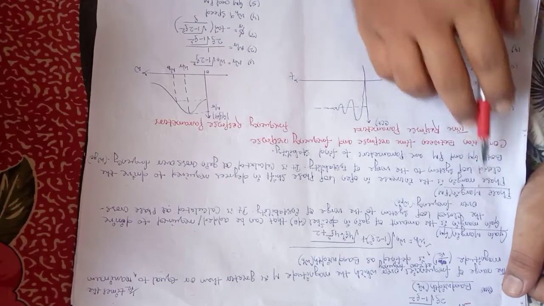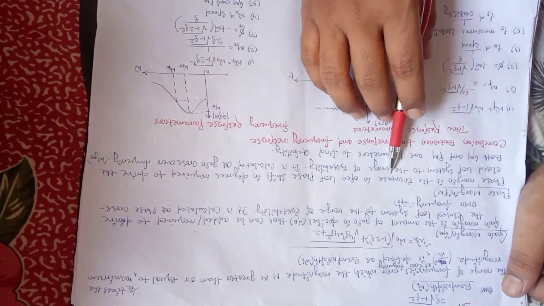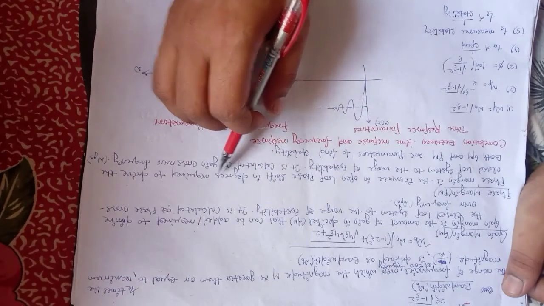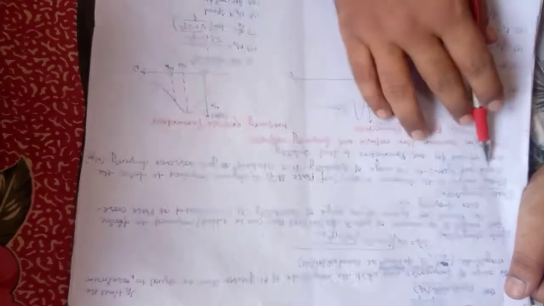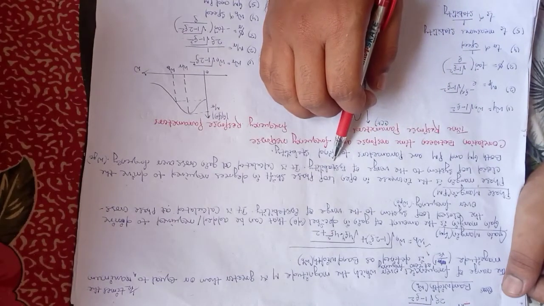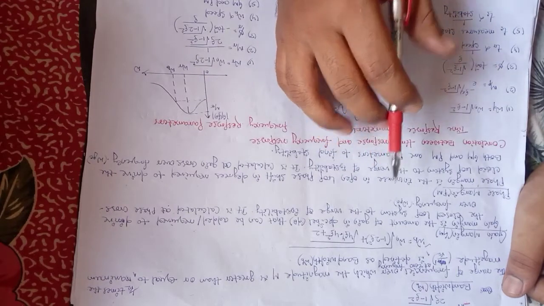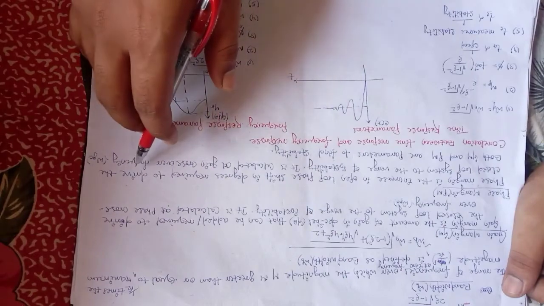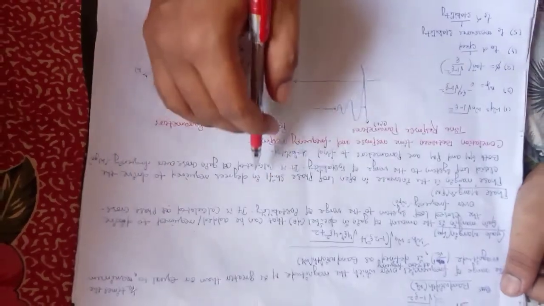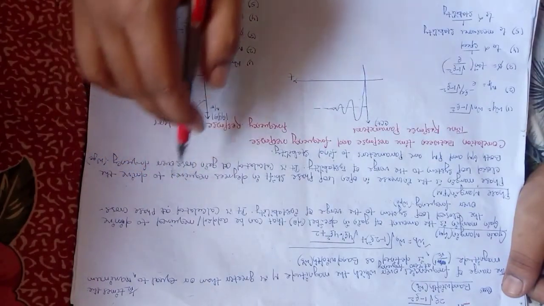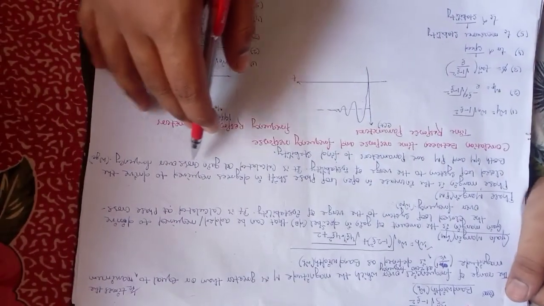So phase margin is the increase in open loop phase shift in degrees required to drive the closed loop system to the verge of instability. That means it is the amount of extra phase that is required in order to make the system unstable. It is calculated at the gain crossover frequency. So we can see a difference: gain margin is calculated at the phase crossover frequency and phase margin is calculated at the gain crossover frequency, omega gc.